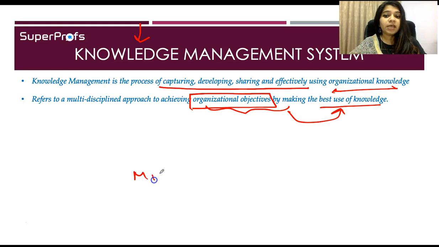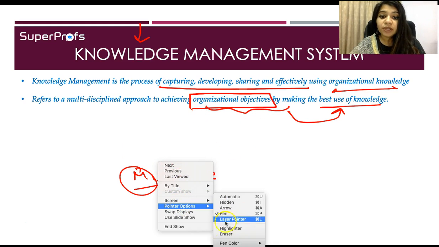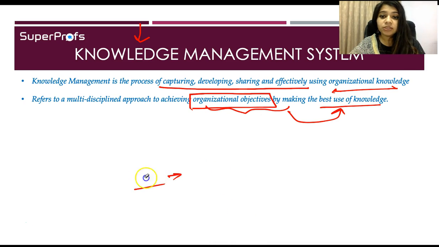Earlier we studied that an MIS would help optimize the growth of the organization. How? By doing the activities it does at the management level, which is control, analyze. If you are able to relate all these things and understand them, you will not need to remember them.